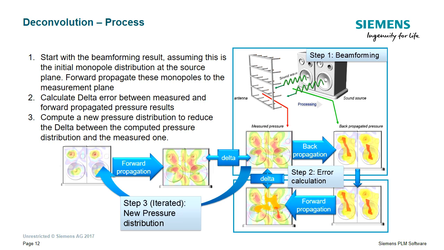There are different classes of deconvolution. Some are based on some kind of least squares method to actually determine the step to change the monopoles more into the direction where the sound is, such that it matches the measured pressure field.